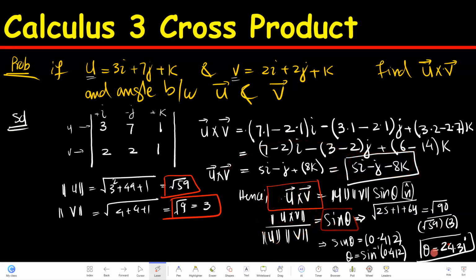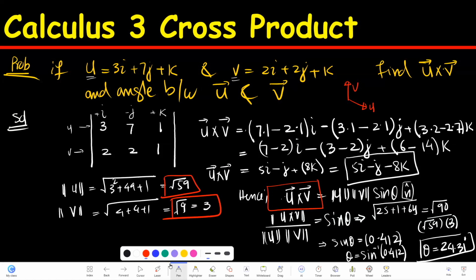Now the question is that nobody is asking about this n, but we already learned n is perpendicular to u and v. So if I draw u like this and v like this, this is u, this is v. Where would the n be?